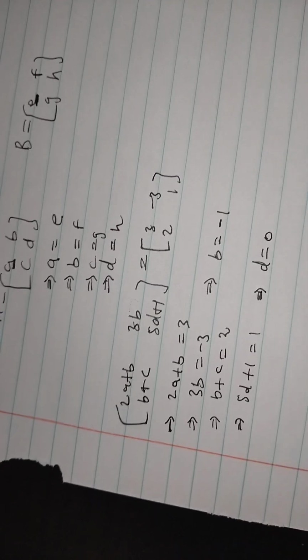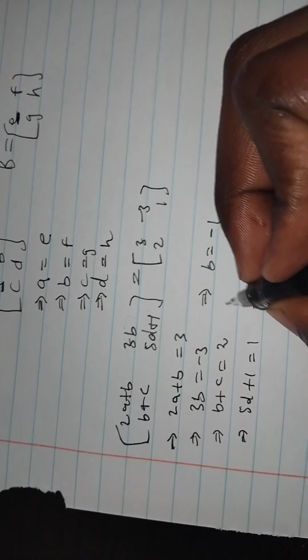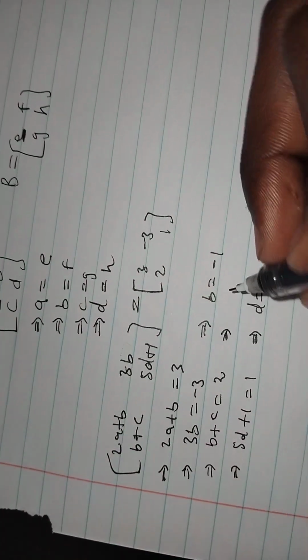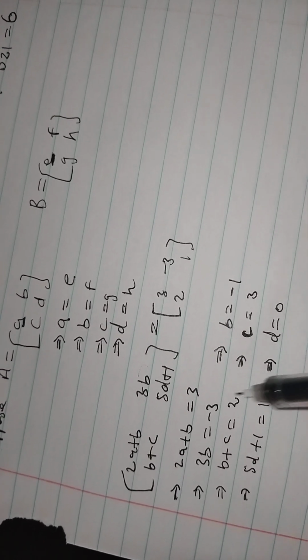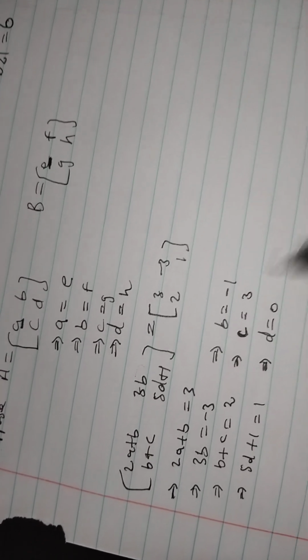For b plus c, since we know that b is minus 1, we can plug minus 1 there and find the value of c. So c is equal to 3, because if we plug minus 1 there and take it to the other side, it's 2 plus 1, which gives us 3.